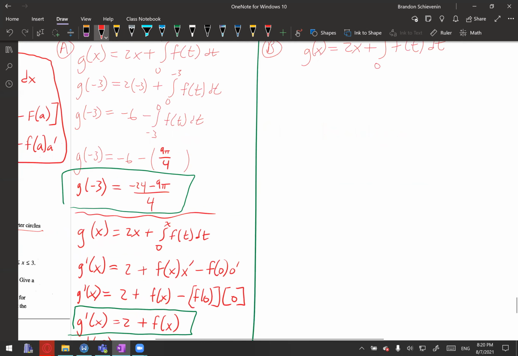And we do actually have a general form for the derivative already solved from the previous problem, so I'm just going to copy that. G prime at x is equal to 2 plus f of x. And if this is equal to 0, then we'll have a critical point, so it's a point that could be a relative minimum or maximum.